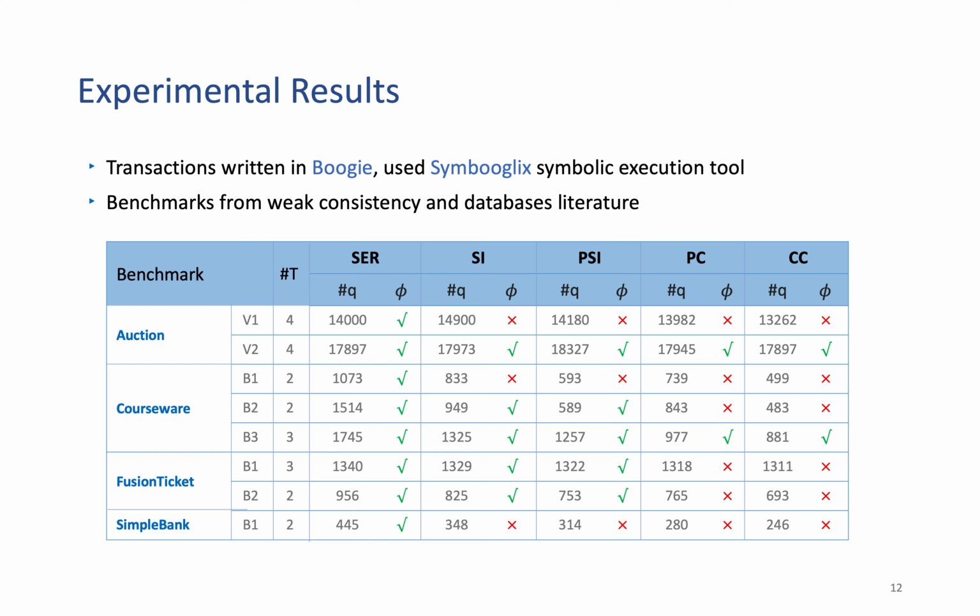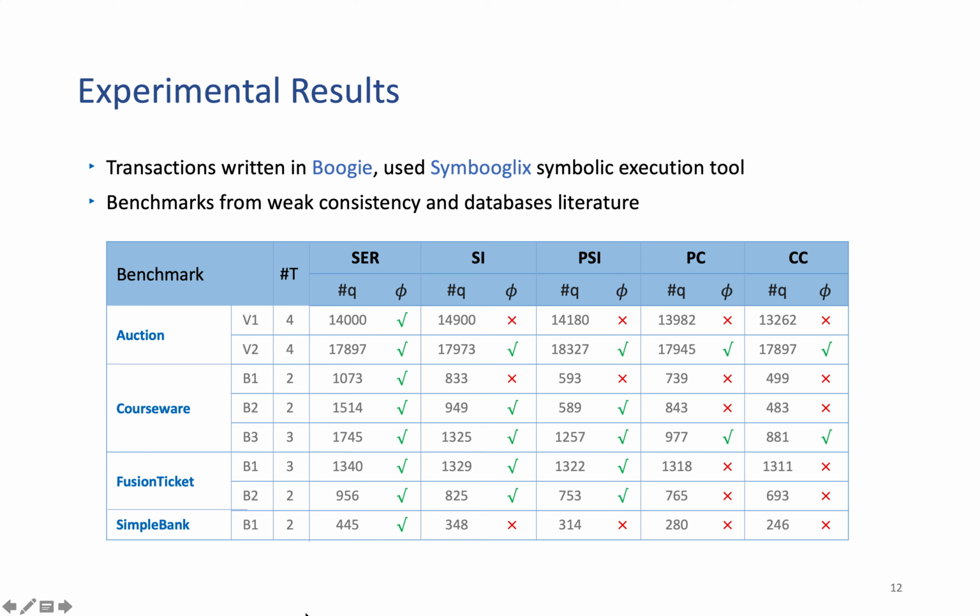We show the applicability of our approach on a set of benchmarks. We implemented the transactions in the Boogie intermediate verification language and instrumented them with the encoding of our formula phi. Then we use a symbolic execution tool.